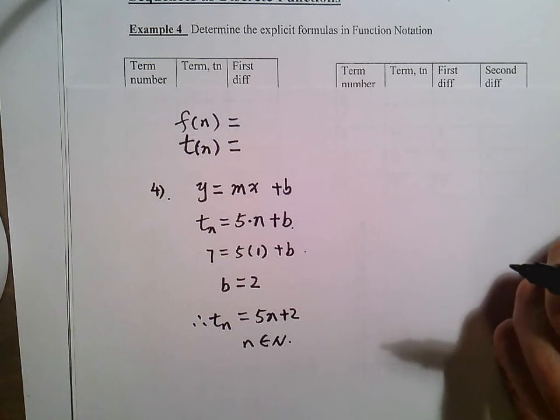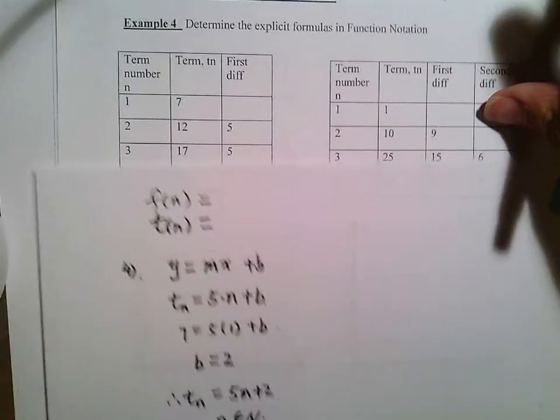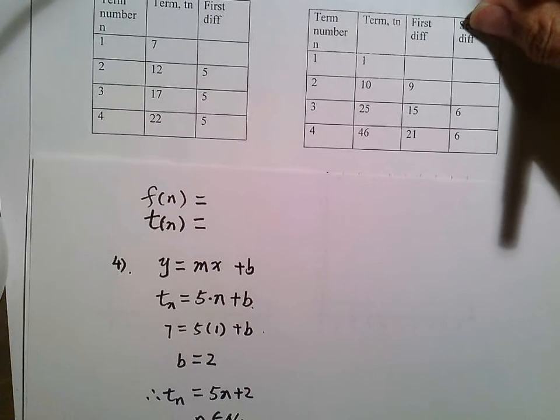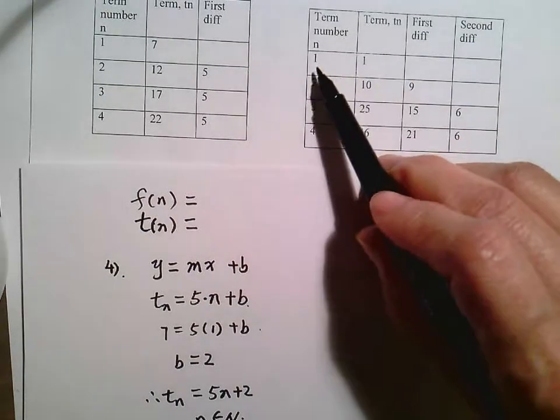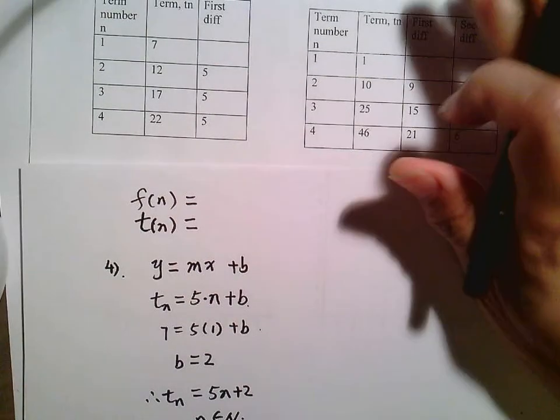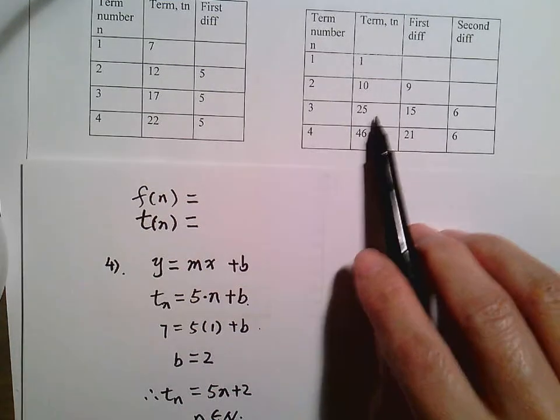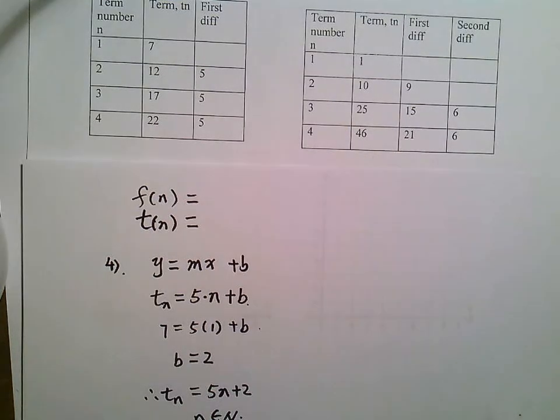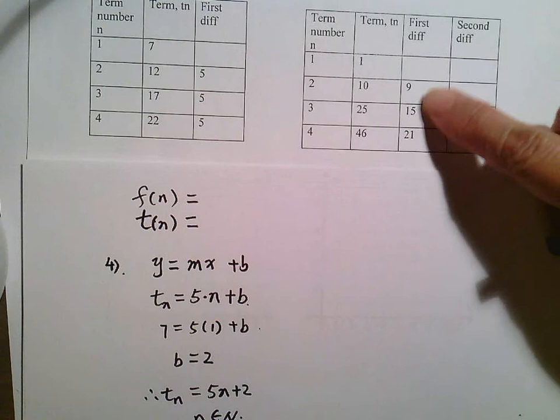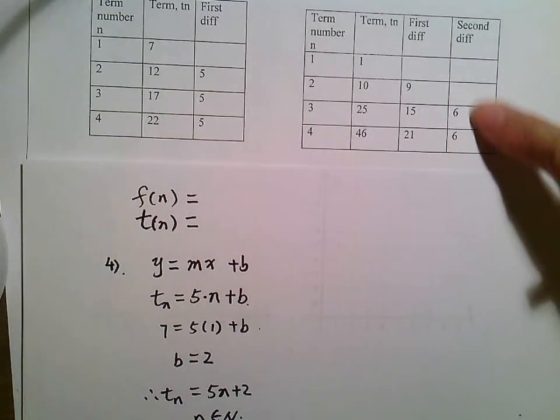Okay, so let's look at your next one. Your next one is actually complicated. Given the term number, the first term is 1, second term is 10, the third term is 25, the fourth term is 46. Now, first difference is 9, 15, and 21. Now, second difference is actually calculated here.